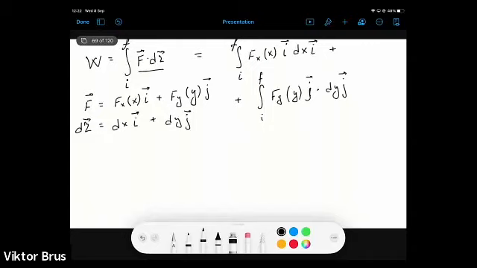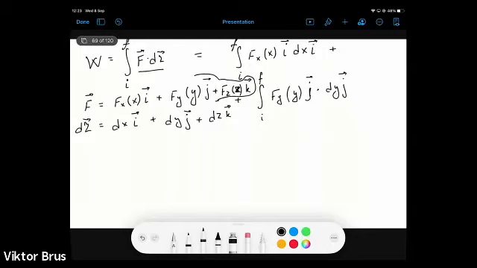But in three-dimensional, you would have another component Fz as a function of z times k unit vector for force, and displacement would also have dz times k unit vector.